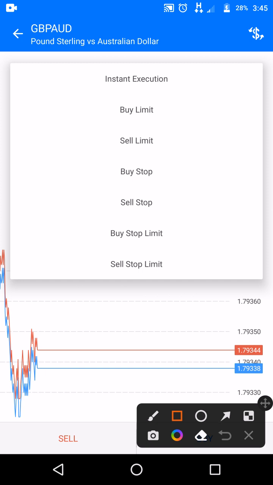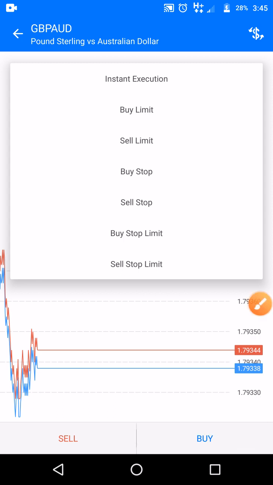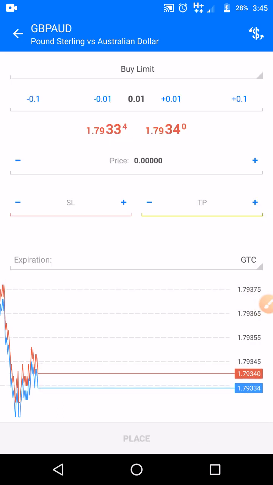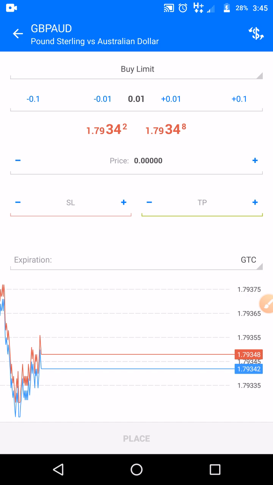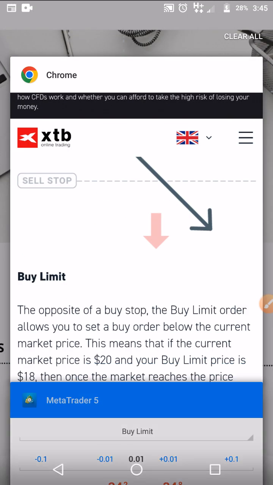So when we say buy limit, for instance, let me say when I click on buy limit, it means I am supposed to set up a price that I want to buy at. This one the market will not execute at the current price. Okay, so let's check out the definition here.